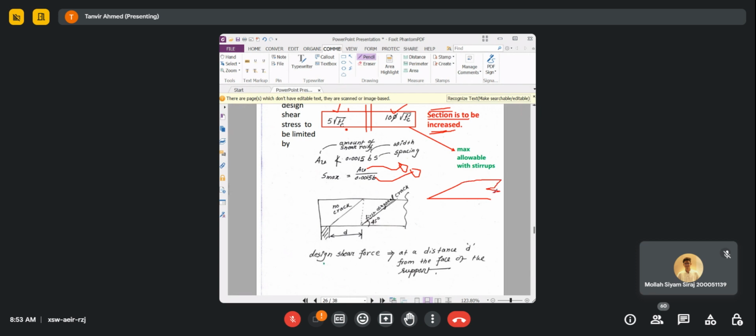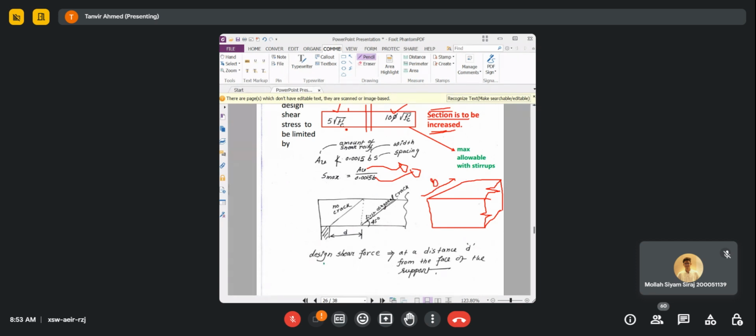This beam has continuation, so this is a part of a beam section. Now, B is what? B is the width. The width of the beam is B. Right?